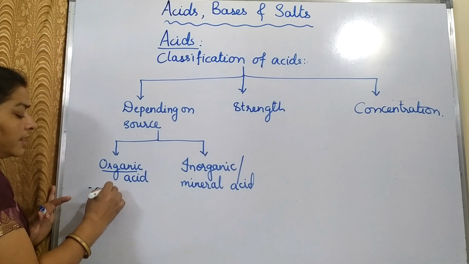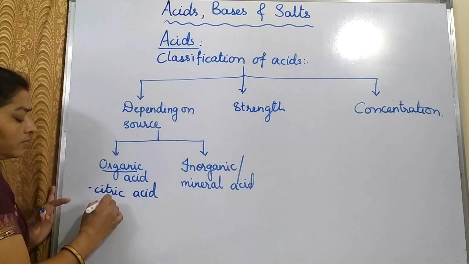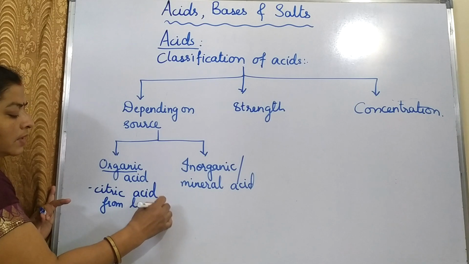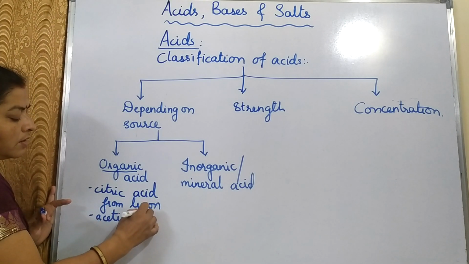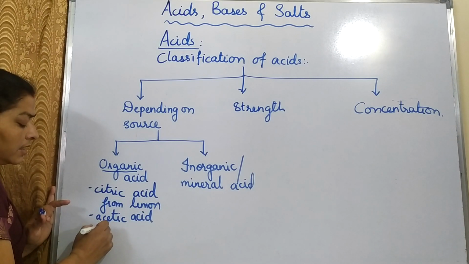For example, citric acid. Citric acid is obtained from lemon. Acetic acid from vinegar. Then many are there in this way.